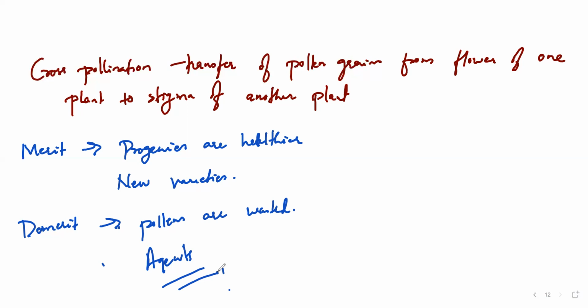So as I told you, for cross-pollination to happen, there are certain agents for it. Okay, so the agents are biotic, that is living, or abiotic, non-living. So let's see what are the agents of cross-pollination. Okay, so basically two agents, biotic and abiotic.